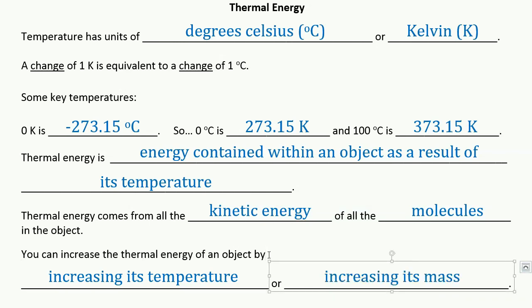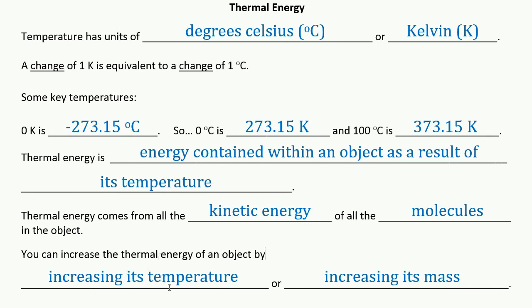Or I can increase the mass, m. So if I have a pot of water sitting on my stove, 20 degrees Celsius, there's two ways I can increase the amount of thermal energy in the water in that pot. I can increase its temperature, which is basically increasing the speed of all the molecules in it.